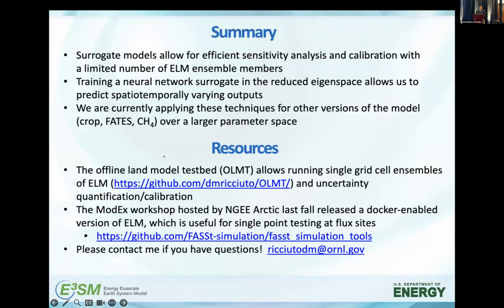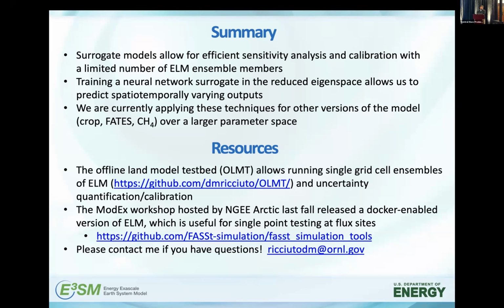So in summary, I think surrogate models allow for efficient sensitivity analysis and calibration with a limited number of ELM ensemble members, which really helps in terms of computational efficiency. And this approach where we can train the neural network surrogate in a reduced eigenspace allows us to really get at these spatiotemporally varying outputs, which has been a real challenge in the past.